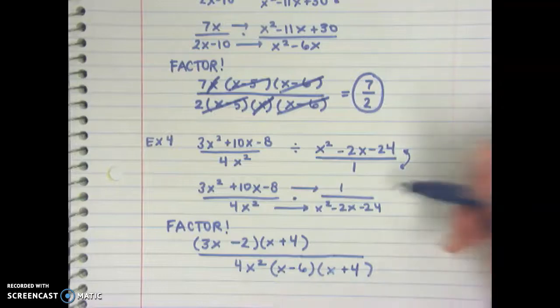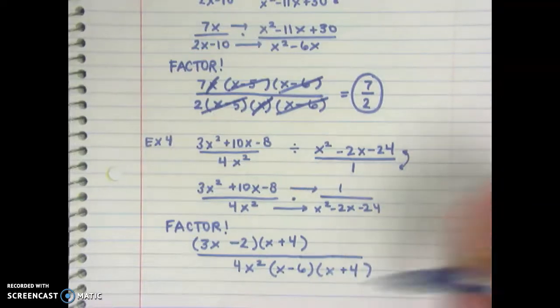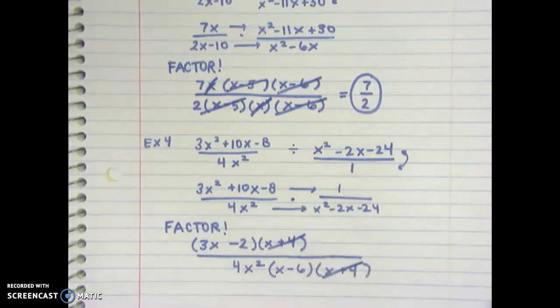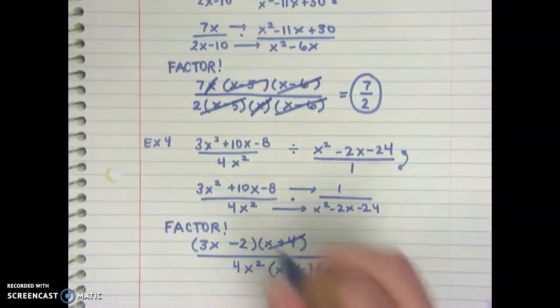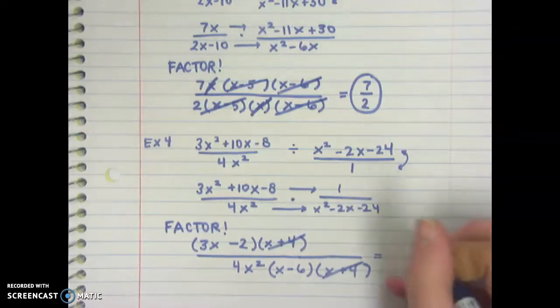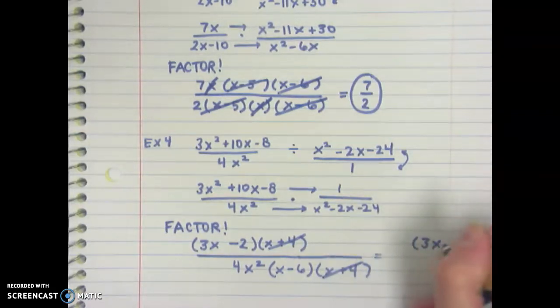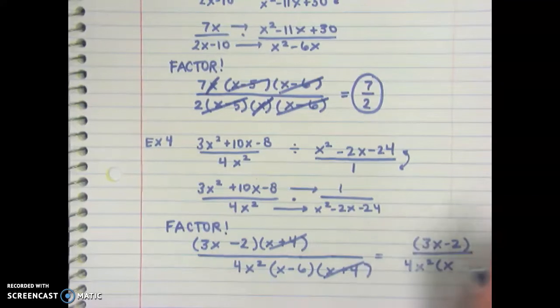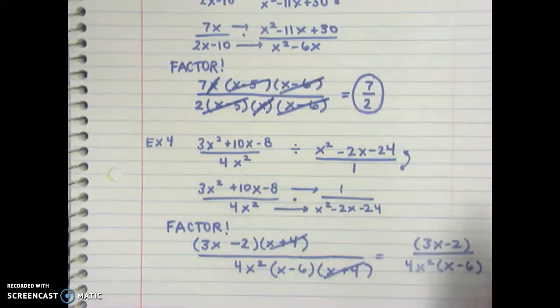So after I've multiplied by the reciprocal, then I'm going to look for any factors that can cancel, which would just be x plus 4. X plus 4 divided by x plus 4 is 1. So my final answer, 3x minus 2 over 4x squared times x minus 6.